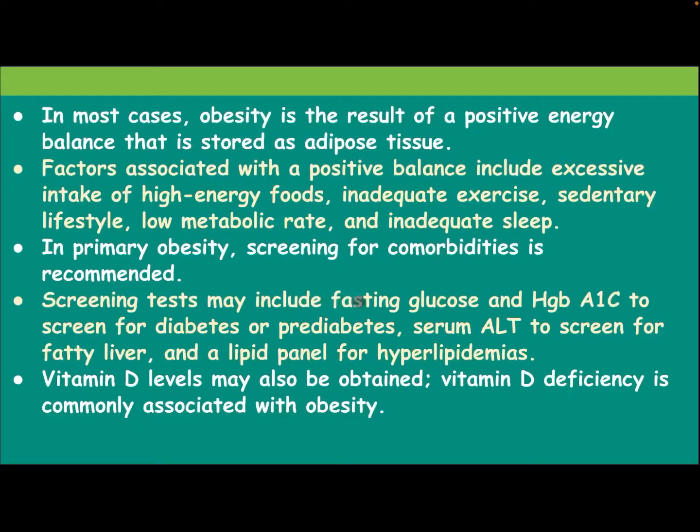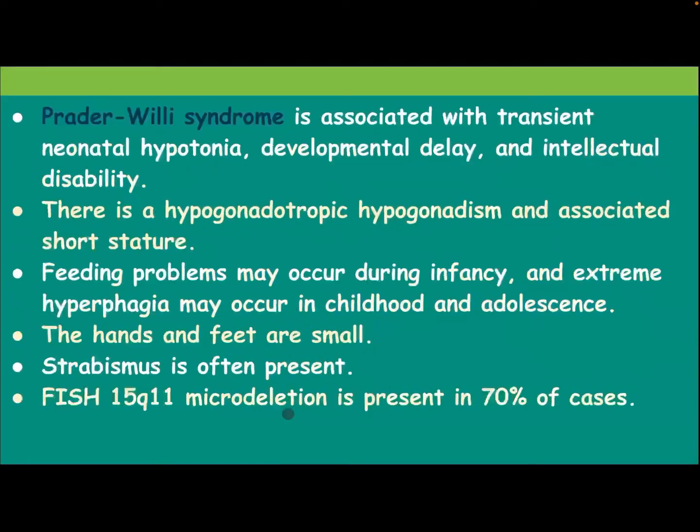Screening tests may include fasting glucose and hemoglobin A1C to screen for diabetes and pre-diabetes, serum ALT to screen for fatty liver, and lipid panel for hyperlipidemias. Vitamin D level may also be obtained. Vitamin D deficiency is commonly associated with obesity.